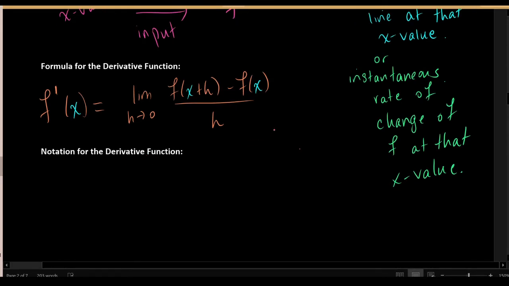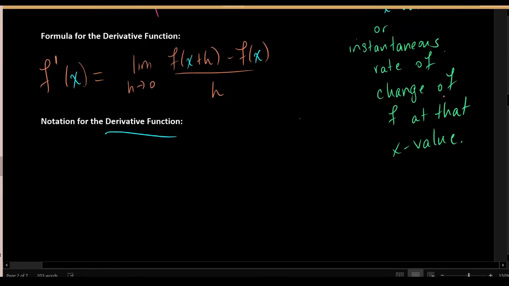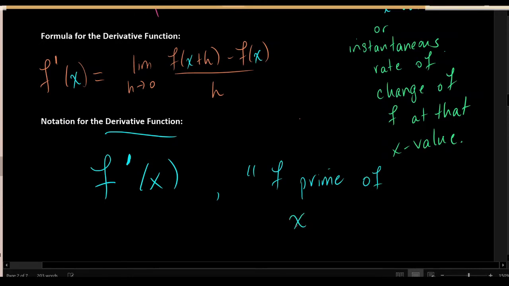And let's notice that the derivative function, the function that takes an x value and produces the slope of the tangent line, has the notation f with an apostrophe, parenthesis x. We read this out loud as f prime of x.